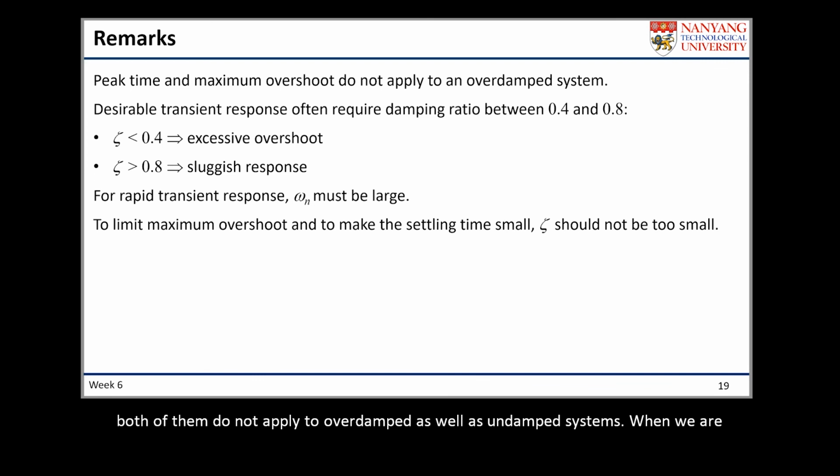Okay, when we are designing a system, let's say by chance you are going to design an underdamped second order system. Normally, the rule of thumb, we always choose a damping ratio between 0.4 and 0.8. Why? If zeta is too small, smaller than 0.4, normally we will have a large overshoot. And overshoot is not a nice thing, of course, right?